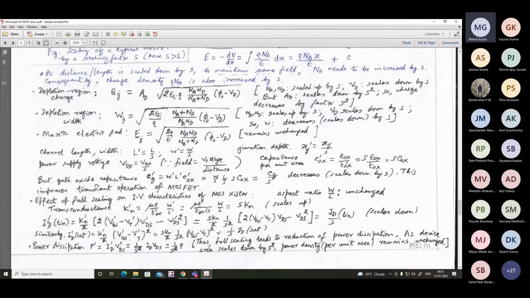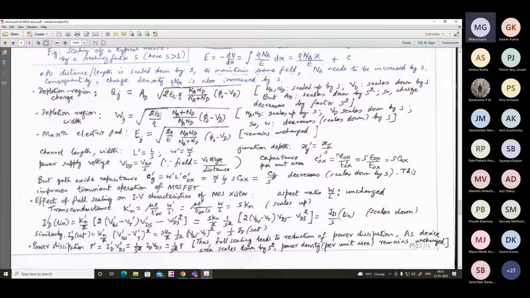Now you see the gate oxide capacitance. First of all, capacitance per unit area. We talk about gate oxide capacitance per unit area, Cox. Whenever you write C prime ox, it means after the scaling has been performed.